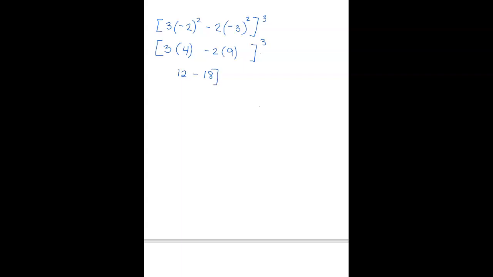And I'm going to leave these as square brackets just so that you can see what all is happening. These pieces here are addressed, and now I'm going to cube that whole thing. Here I'm going to go ahead and do my subtraction. That's going to give me a -6, and that whole thing is going to be cubed.